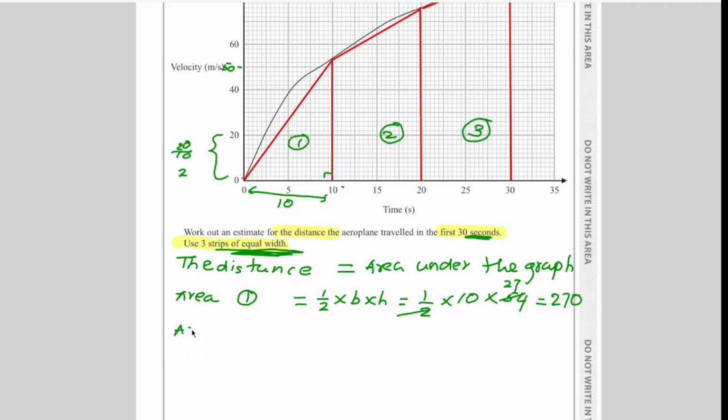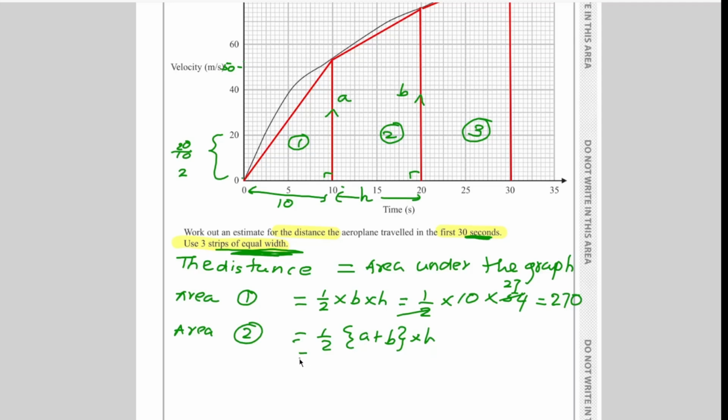Then the area of the second figure, which is the trapezium, is half into a plus b, which means the addition of the two parallel sides, into height. Now these two sides are the parallel sides. So this is a, this is b. Remember to always add the two parallel sides, into height. Your height is this one. Height is the perpendicular distance. So the perpendicular distance is this one.